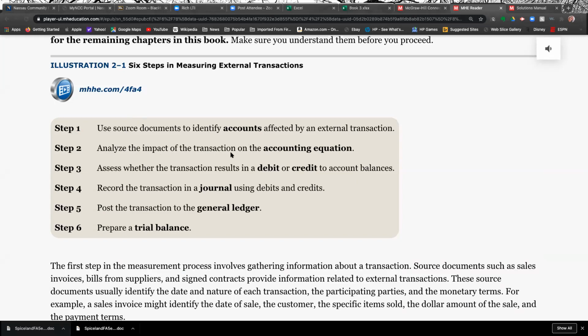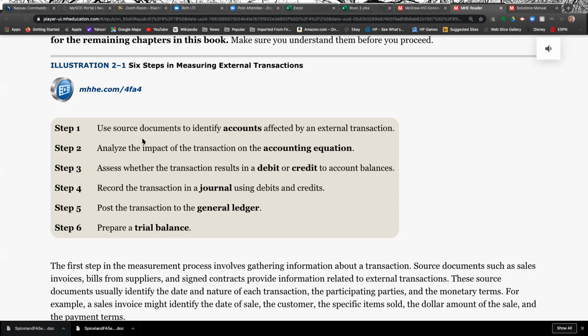What increases, what decreases? Two things could increase, two things could decrease. You can't always just say one thing increases and one thing decreases. How does that relate to debits and credits? Prepare a journal entry, put the numbers in the accounts, prepare a trial balance, right? So those are all the things that we talked about today. This kind of summarizes everything.